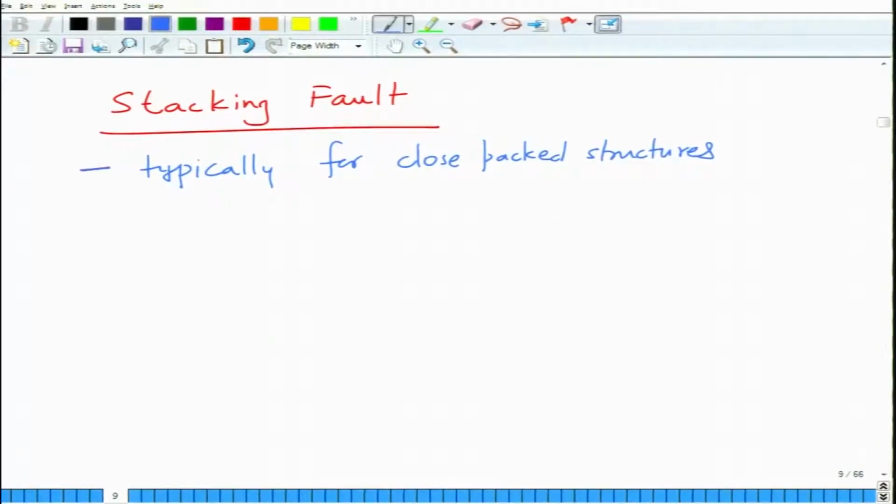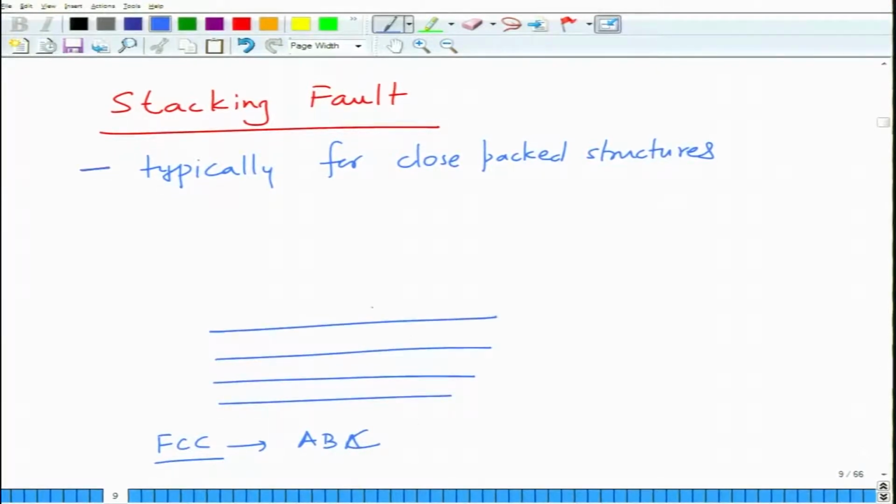Basically it is a disturbance in the atomic stacking. We saw that in an FCC structure, for example, you have ABC kind of packing. So, you have A plane, B plane, C layer, and so on and so forth, A, B, C, A, B, C, and they are all the same atoms.